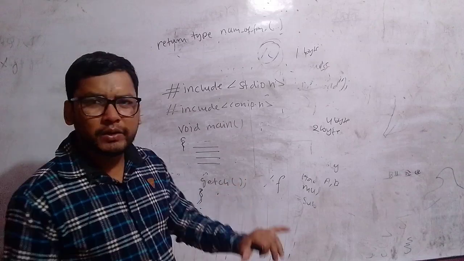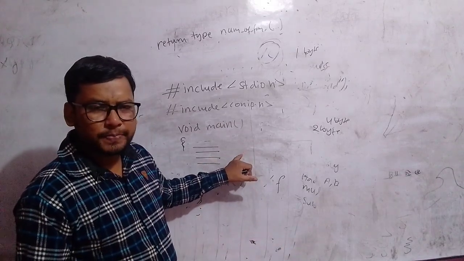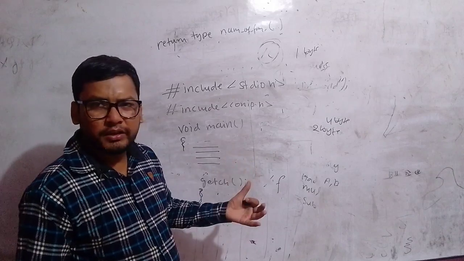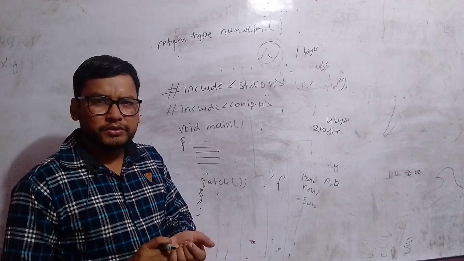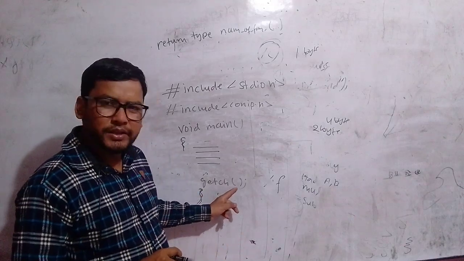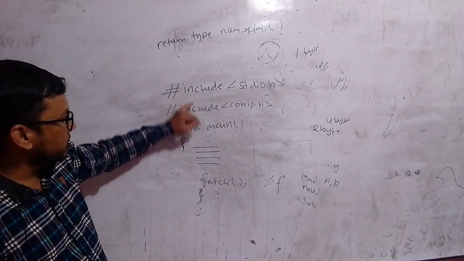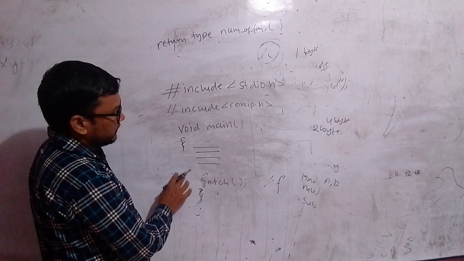That means it allows us to see the output of this program, because the output of this code will be displayed on the screen and the screen will be held until we press a certain key. In this way we write the program.